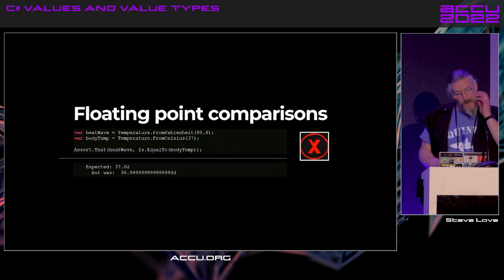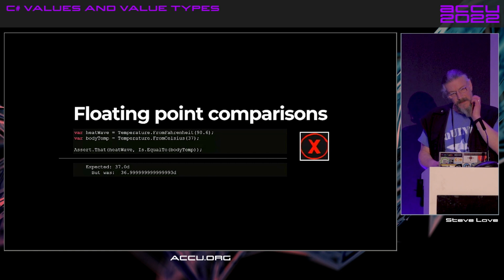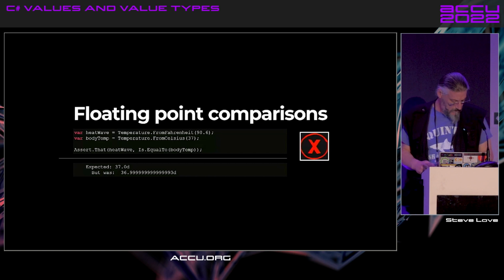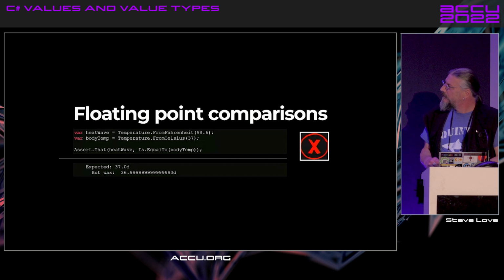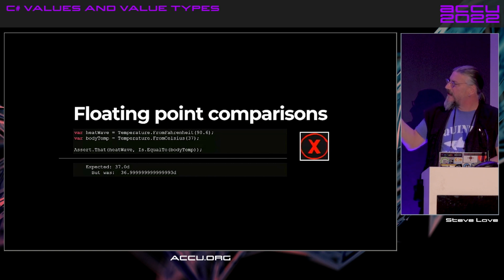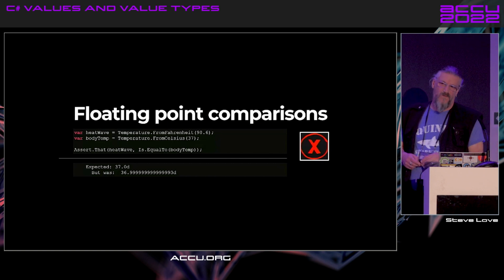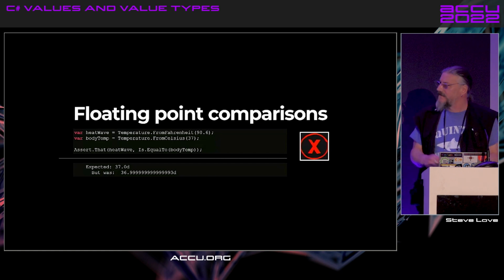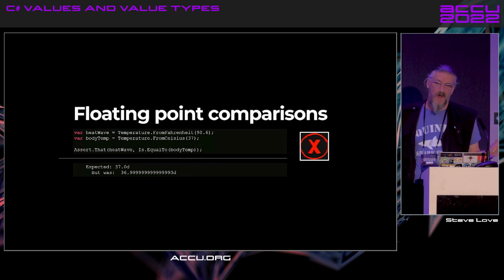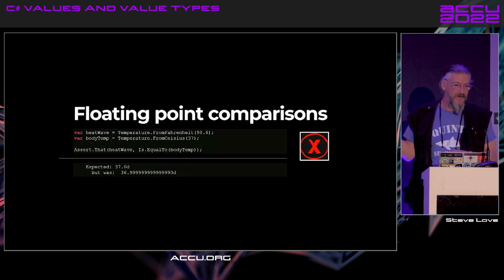But now, okay, what about comparing? It's perfectly reasonable to compare two temperatures to see if they're equal. I would normally, it's commonly held, possibly not. 37 degrees Celsius is 98.6 degrees Fahrenheit, except that it's not, because of floating point comparisons.